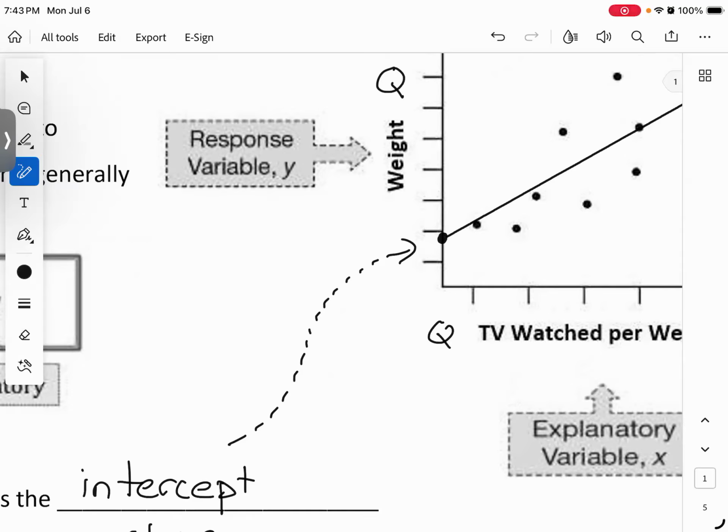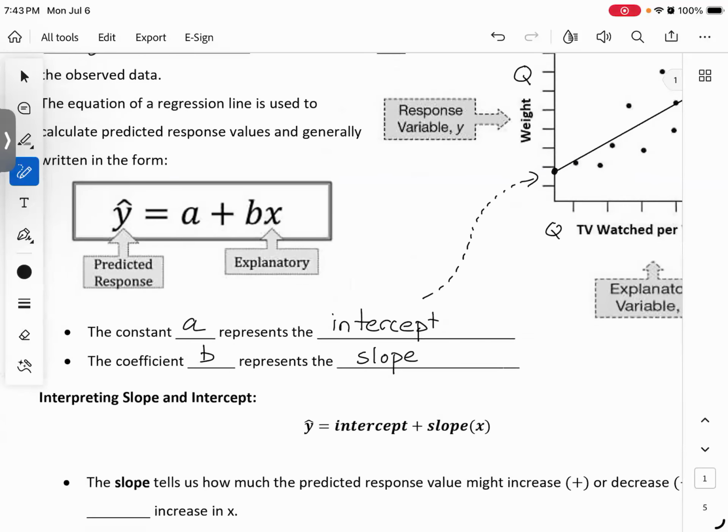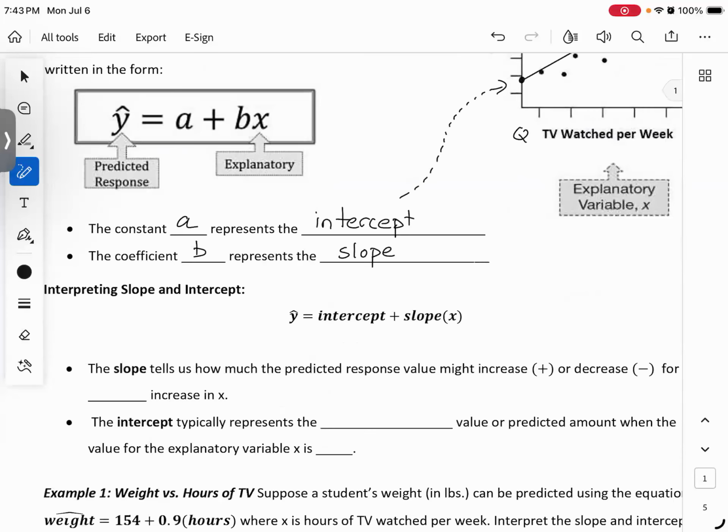Using this idea of how much TV someone watches, if they don't watch any TV, 0 hours per week, then they would have some sort of weight, whatever that number is right there. The slope is more a description of what might happen to somebody's weight as the amount of TV increases.